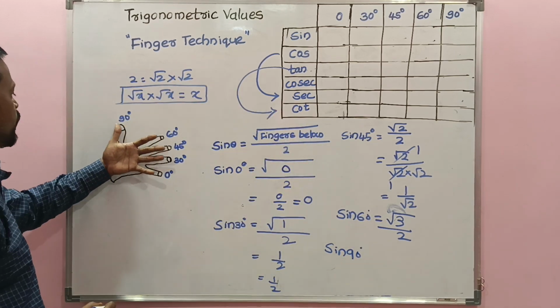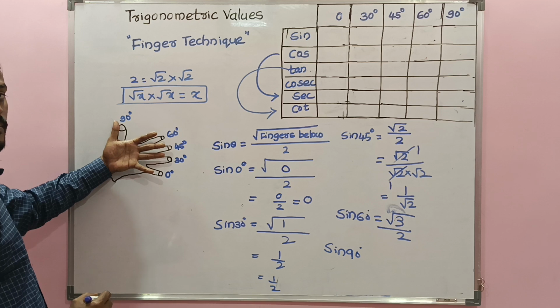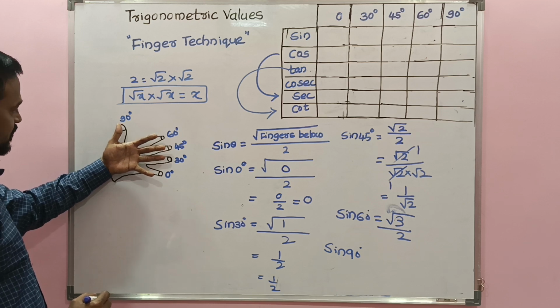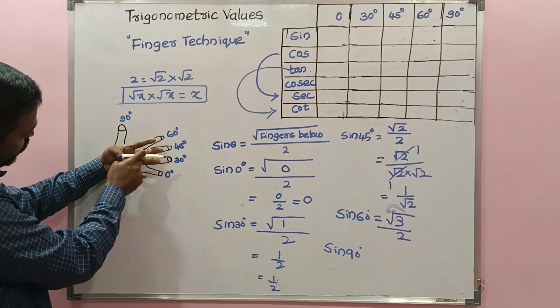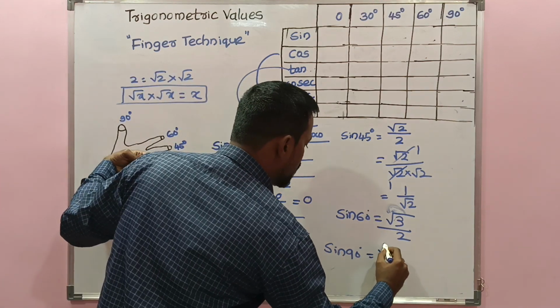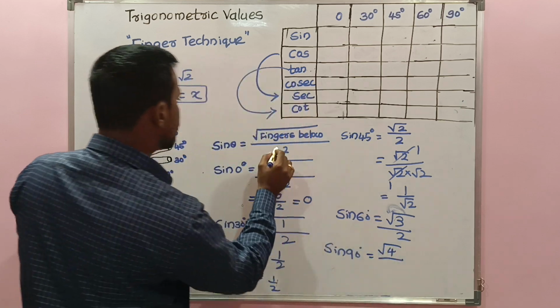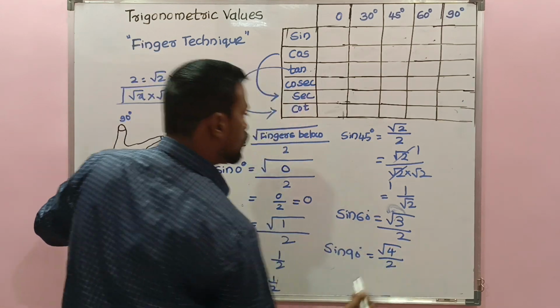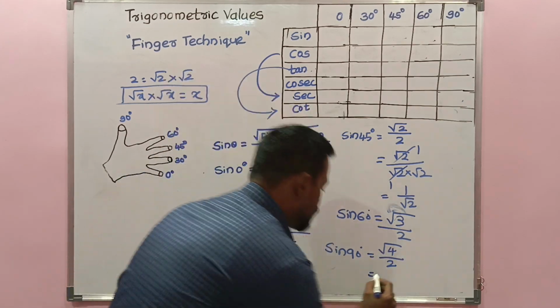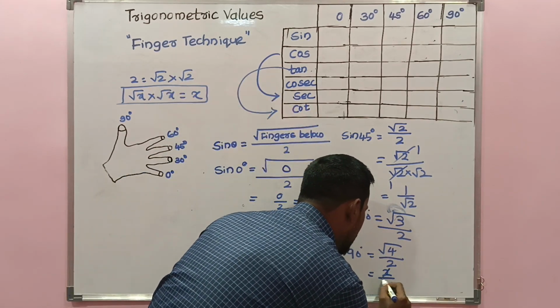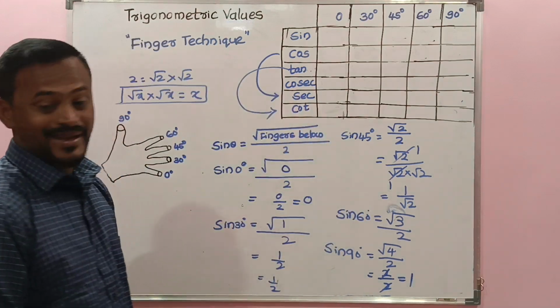For sine 90 I need to fold the thumb finger. How many fingers are below this finger? 1, 2, 3, 4. Therefore under root of 4 divided by 2. Under root of 4 is 2, divided by 2. After cancellation I'm going to get 1.